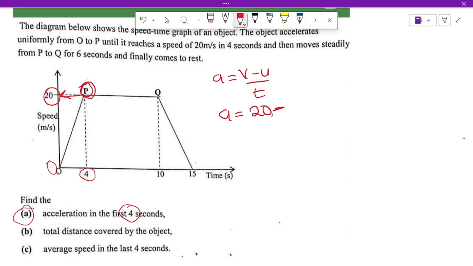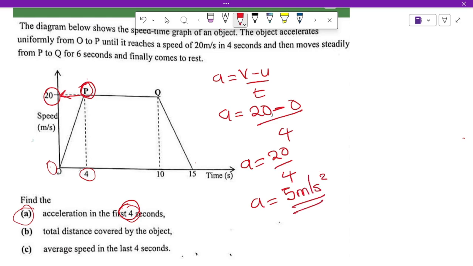So our U is 0, over the time. They said the first 4 seconds, so time is just 4. So acceleration is equal to 20 minus 0, which is 20, over 4. 20 divided by 4 gives you 5 meters per second squared. So for acceleration and deceleration, the SI unit is meters per second squared. That is your answer for that question, and you are done.